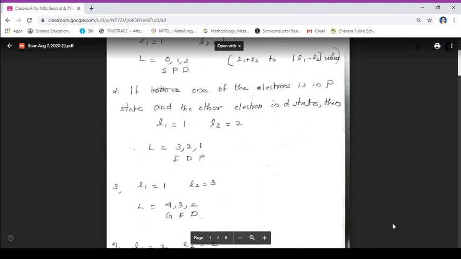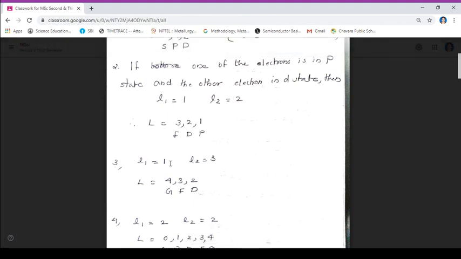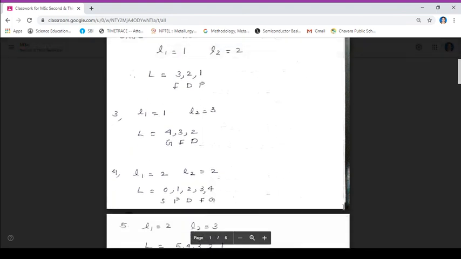Now let us consider the third example in which L1 is equal to 1, a P electron, and the second electron is in the F state. So capital L will have the values 4, 3, 2, so the states are G, F, D. Now if L1 is equal to 2 and L2 is equal to 2, then L can have values 0, 1, 2, 3, 4.